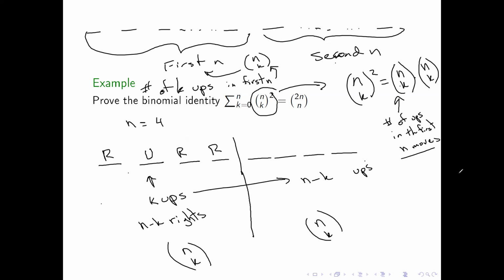Then how many rights do we have over here? Okay. So this is really counting, in the first N, I can have 0 ups all the way up to N ups. And then I'll have the same corresponding number of ways to pick the second N, but all the rights.